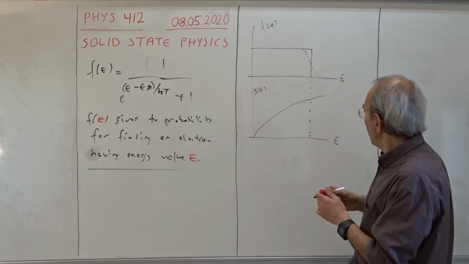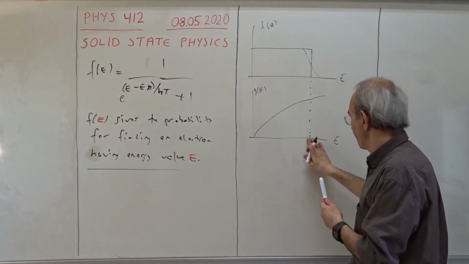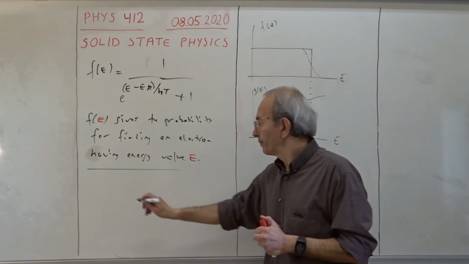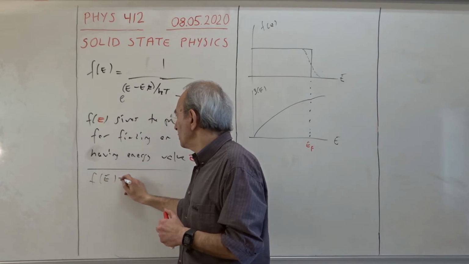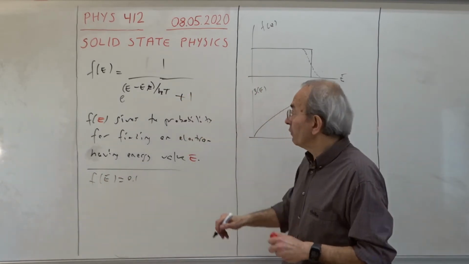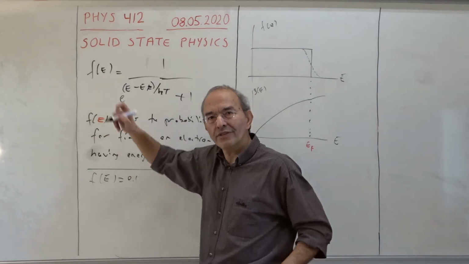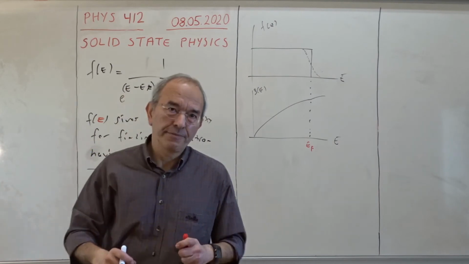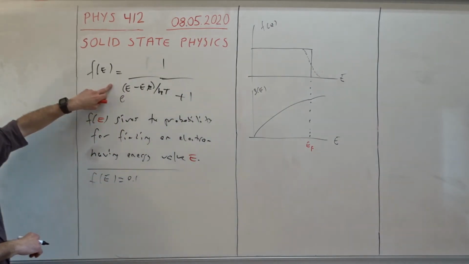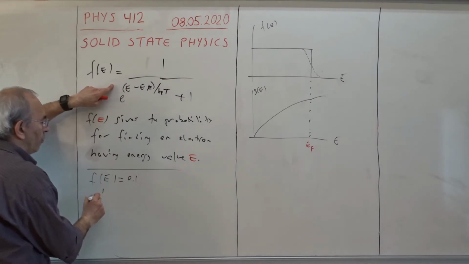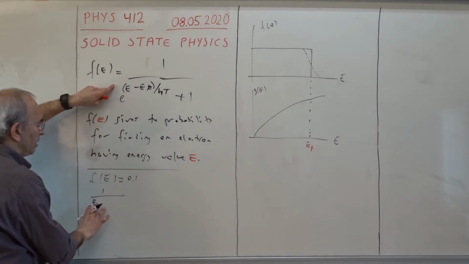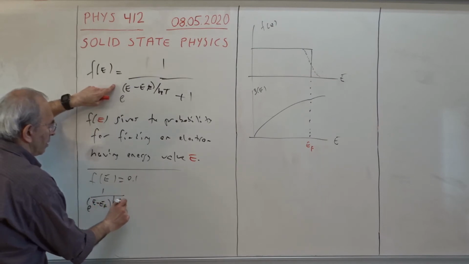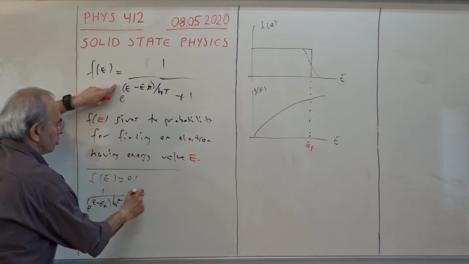Alright, this critical value is E_F, the Fermi energy. Now, F of E is equal to 0.1. If you put 0.1 on the left-hand side, what do we get for E minus E_F? Not just E, but that difference. If you set it equal to 0.1, 1 over e to the (E minus E_F) over k_B T, plus 1, is 0.1.